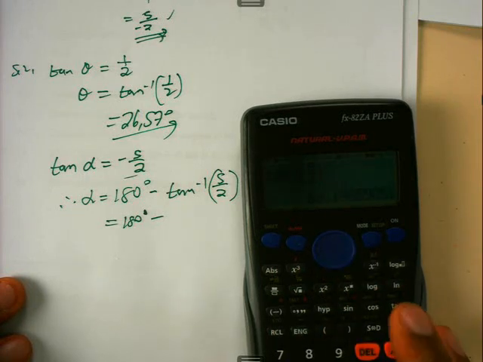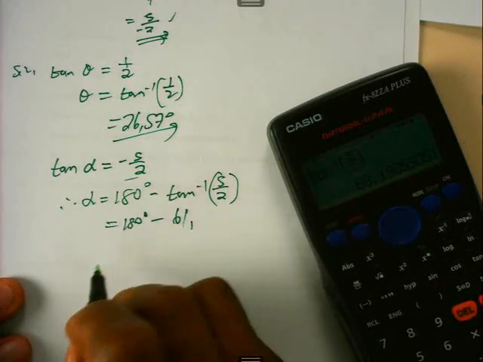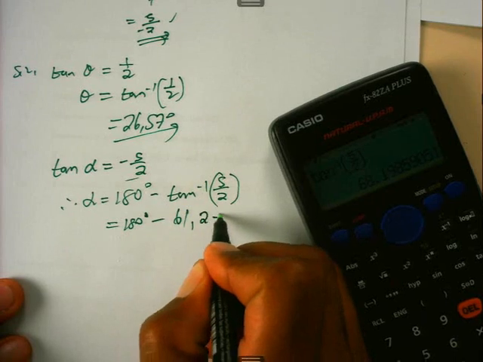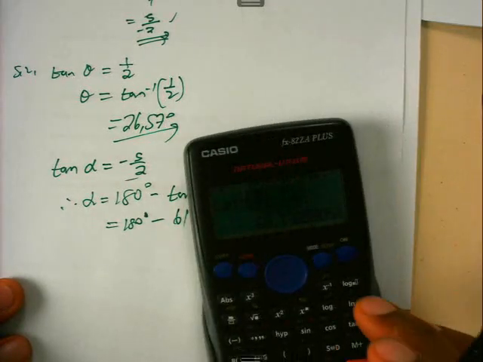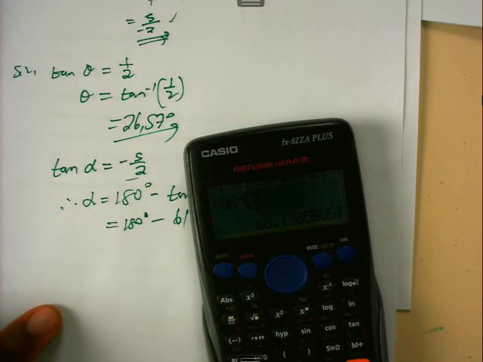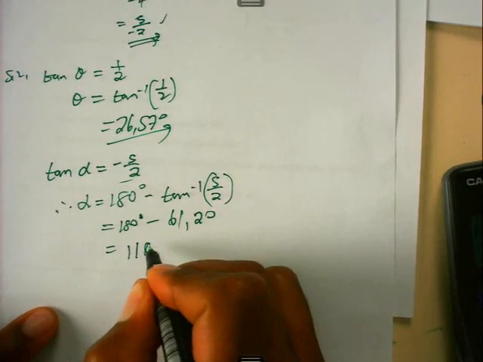Then you'll see that the inverse tan of 5 divided by 2 is 68,20. Now we subtract that from 180 and you'll find that this one is 111,80.